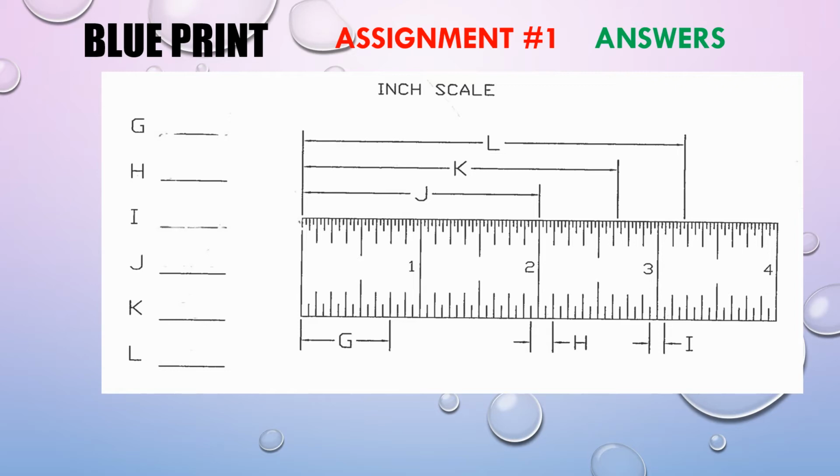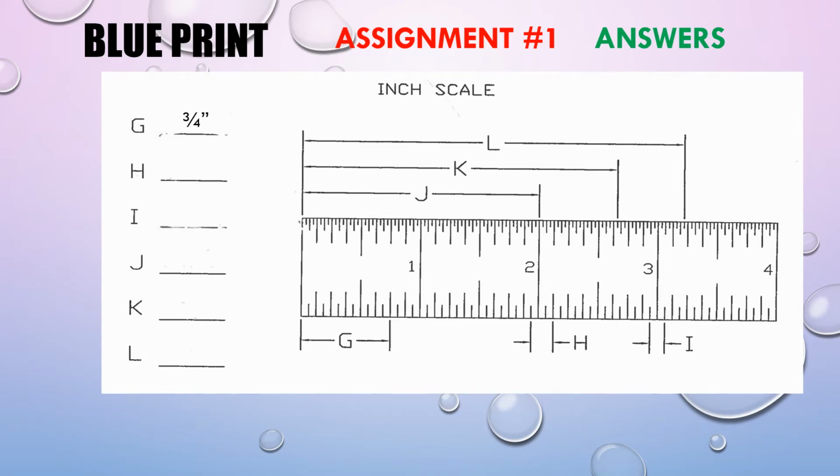Now, all the fractions have to be reduced to their lowest common denominator. So the best way to do this is you have to find something that will go into 12 and into 16 evenly. So the answer here is going to be 3/4, right?